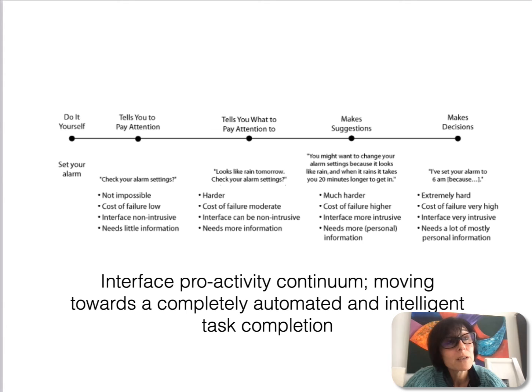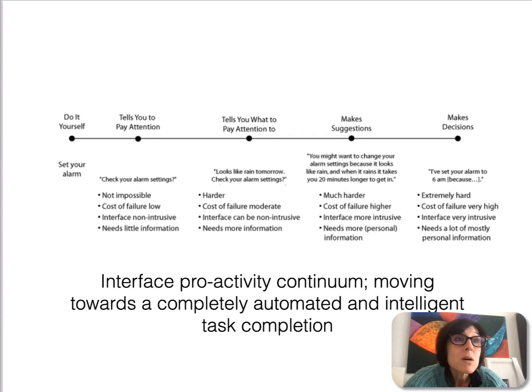The cost of the failure is higher. Why? Because the agent has become a little bit more complex than before. The interface is certainly more intrusive. Why? Because it's not just a pop-up or a notification. It can go beyond that.